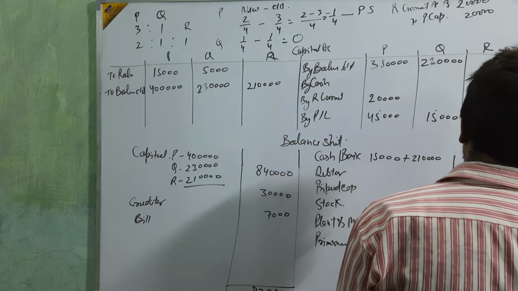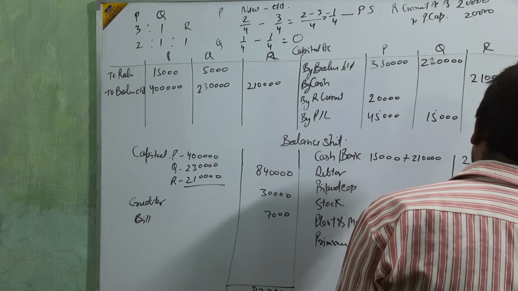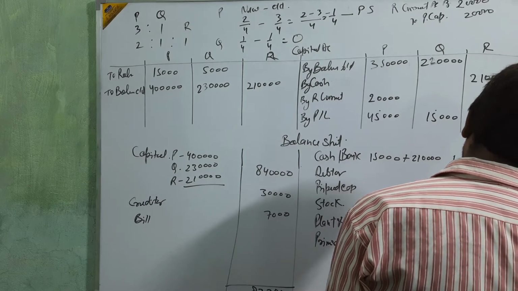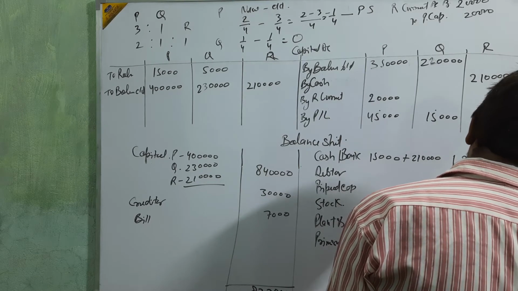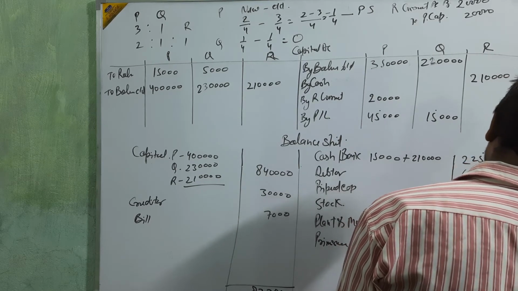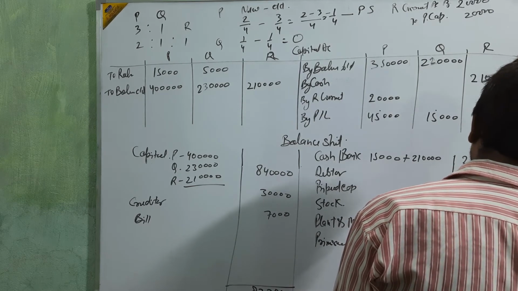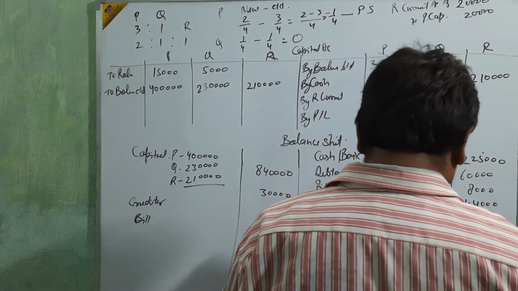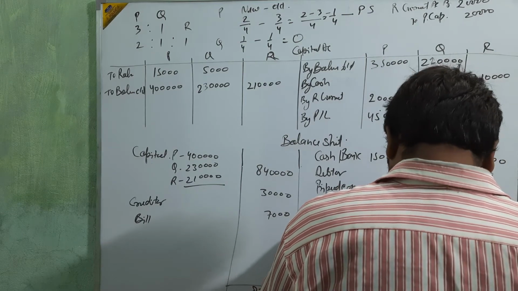Total is 2 lakh, 3 lakh, 4 lakh, then 7 lakh, 8 lakh, 20,000, 40,000 and 48,000. Okay. Then 20,000 premises is here.